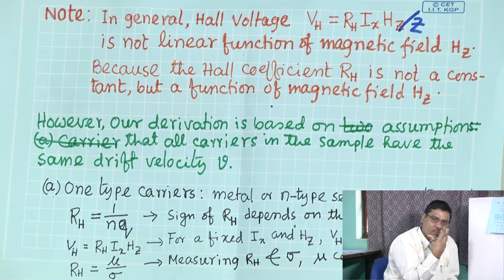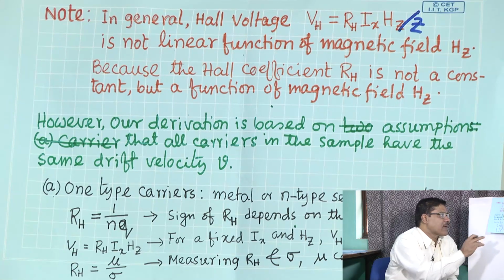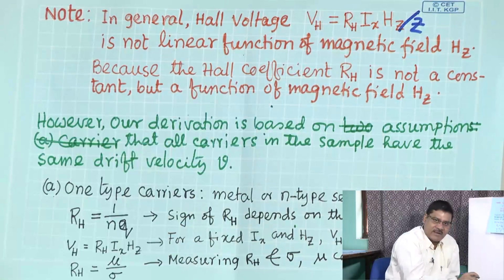But that is not the case, because velocity has some distribution and the drift velocity will not be the same for all carriers. Because of that, RH will be electric field and magnetic field dependent.